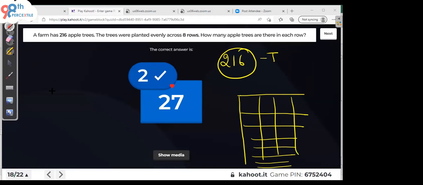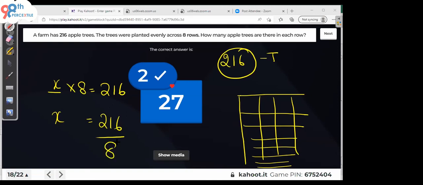So we will find out dash times 8 is 216. So here we can put this as x. So x would be equal to 216 over 8. Okay. So what we get here is 27. So 27 apple trees must be there in each row.